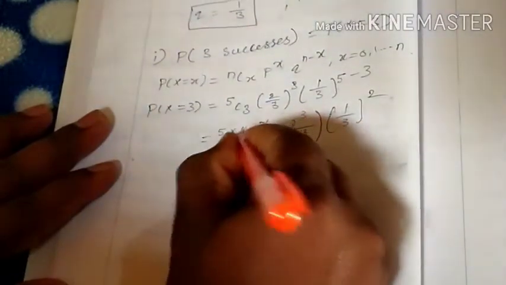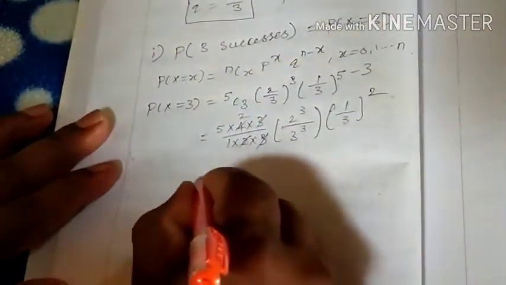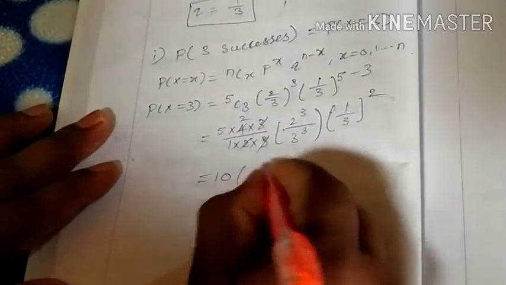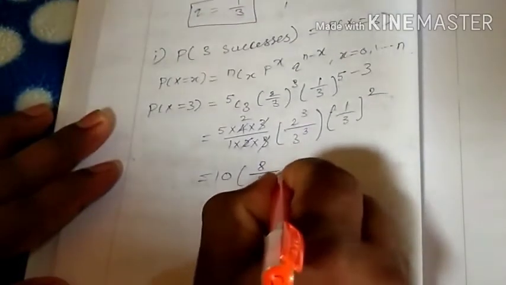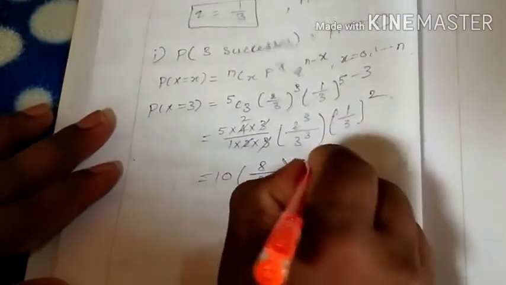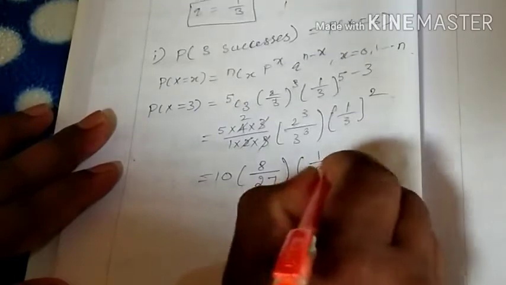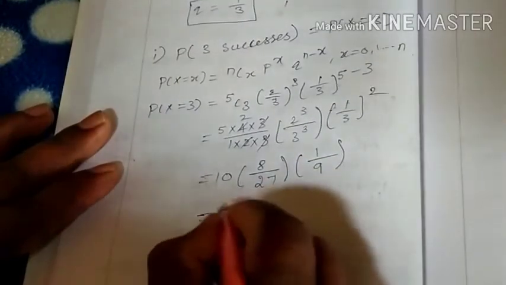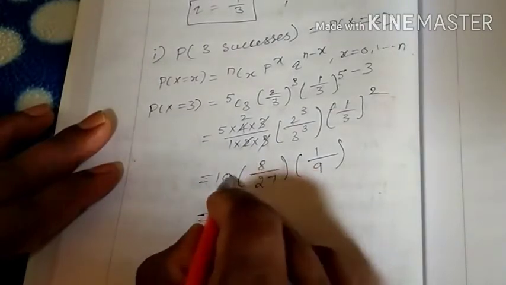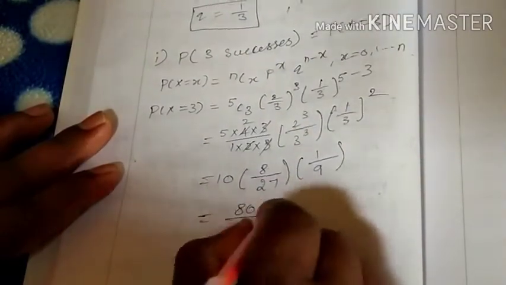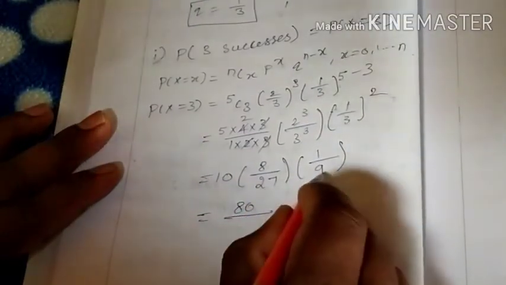Next, 1 2s are 2, 2 2s are 4. So now we get 10. Then 2 power 3 is 8, 2 multiplying 3 times. 3 multiplying 3 times is 27. And 1 square is 1 and 3 square is 9. Okay. Therefore, this is 10 into 8, 10 8s are 80, divided by 27 9s are.